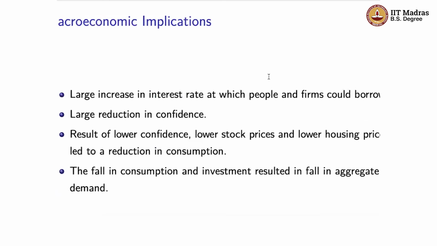And that resulted in large increases in the interest rate at that time, right? Now, this was problematic because people rely on loans for doing a lot of things, not just engaging in speculative behavior, right? So if you want to take out a housing loan, or sometimes if you want an education loan, if you want to borrow so as to spend it on durable goods, all of this is problematic now, right?